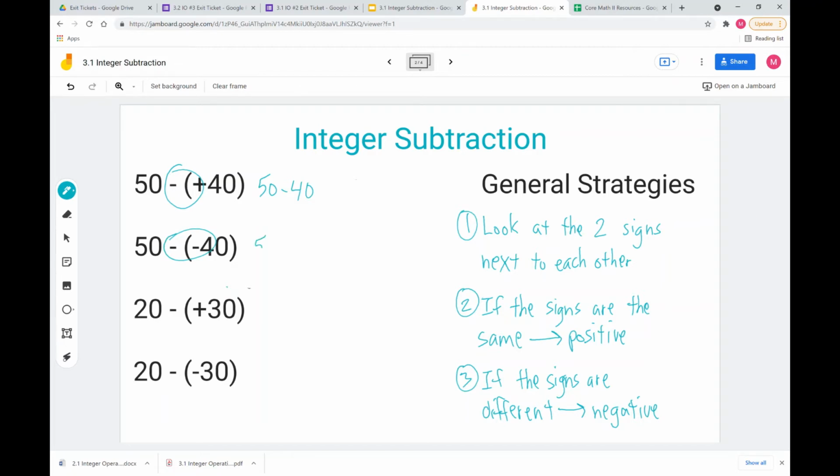And if the signs are the same, we write a positive, 50 plus 40. For the next one, 20 minus positive 30, signs are different, so it has to be minus, negative, 20 minus 30. And 20 minus negative 30, the signs are the same, so it has to be a positive, 20 plus 30.